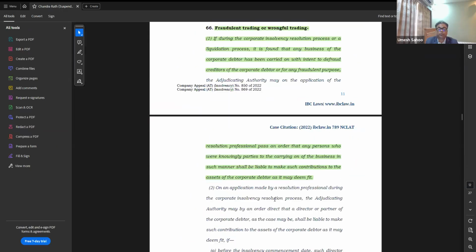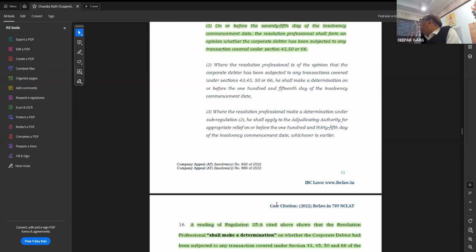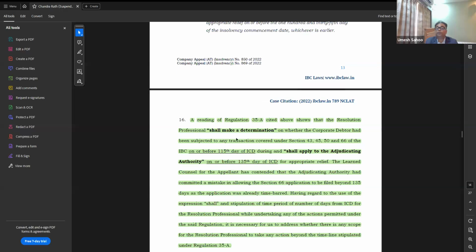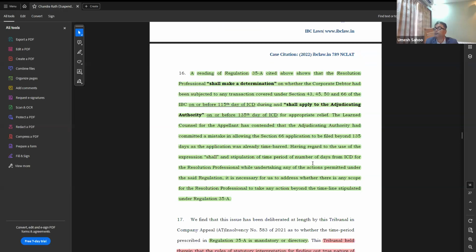First, we have to go to the reading of regulation 35A, that the resolution professional shall make a determination. Sir, very important. I request all the people to take this very sincerely.